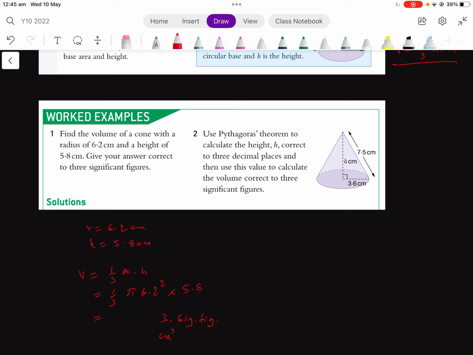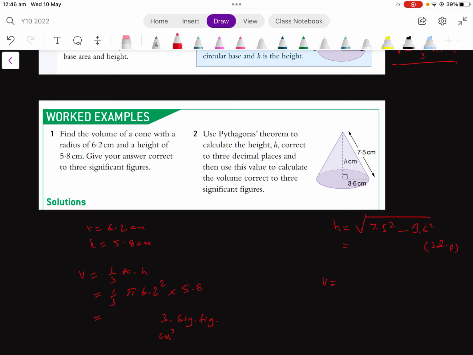Okay, in the second example, use the Pythagoras theorem to calculate the h. Of course I need to find the h. H is equal to root of 7.5 squared minus 3.6 squared, and then use 3 decimal places, 3 dp, and then use this value to calculate the volume.